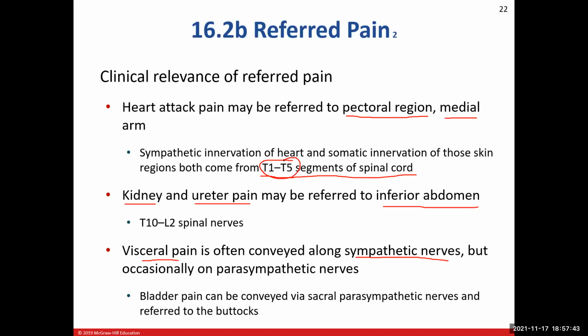Now, when we're dealing with visceral pain, it's predominantly going to be the sympathetic nerves, but in some cases, the parasympathetic nerves will take over, or will be in lieu of the sympathetic nerves for certain organs. For example, the bladder and your rectum are both innervated by the parasympathetic nervous system, S2 through S4. So in that scenario, bladder and rectum, it will use the parasympathetic nerves instead of the sympathetic nerves.